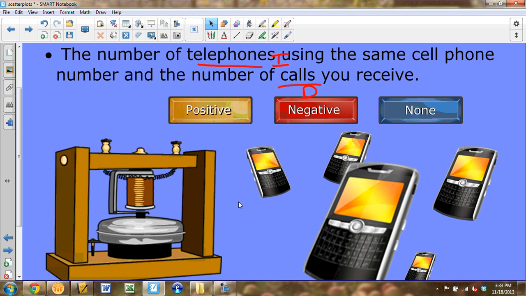Does it matter if I have more phones with the same number? Is that going to make my number of calls increase? I don't think so. Kind of like a house phone. If somebody calls your house and you have one phone hooked up to the wall, or you've got 6, it's still the same number of calls. So these aren't really related to each other at all. This is none. There's no correlation. They don't affect each other at all.